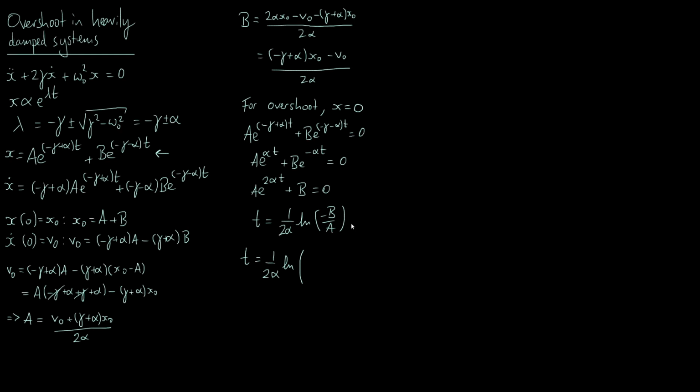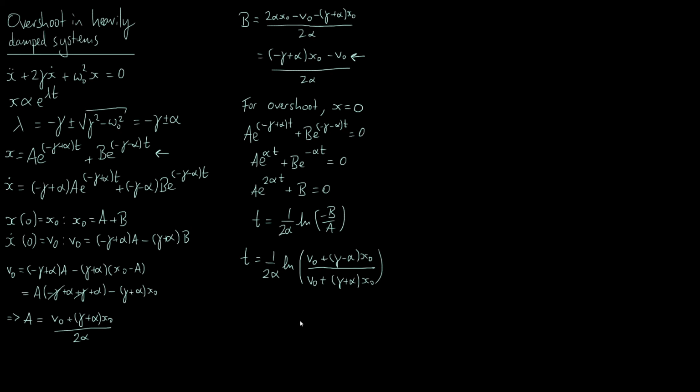So the negative version of the numerator of b is going to be v0 plus gamma minus alpha x0. So I've just taken this numerator here and changed the signs of everything, right? And then the denominator of this fraction inside the log is just going to be the numerator of a. So v0 plus gamma plus alpha x0.